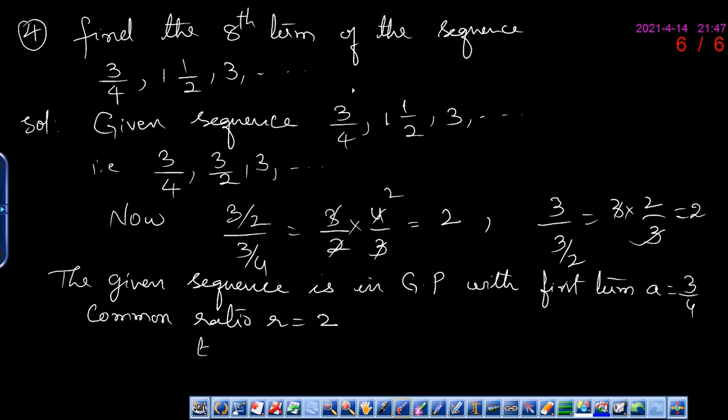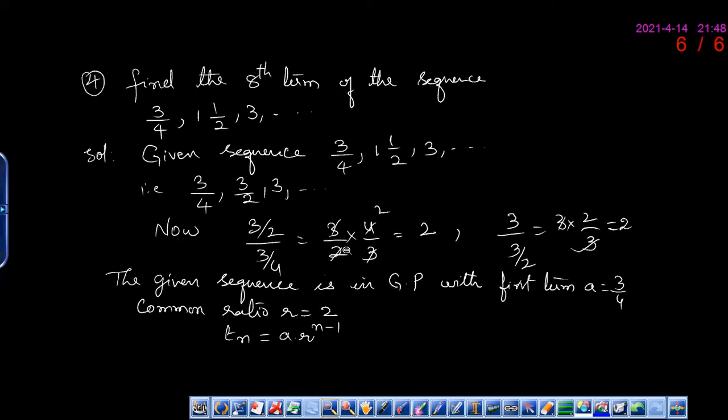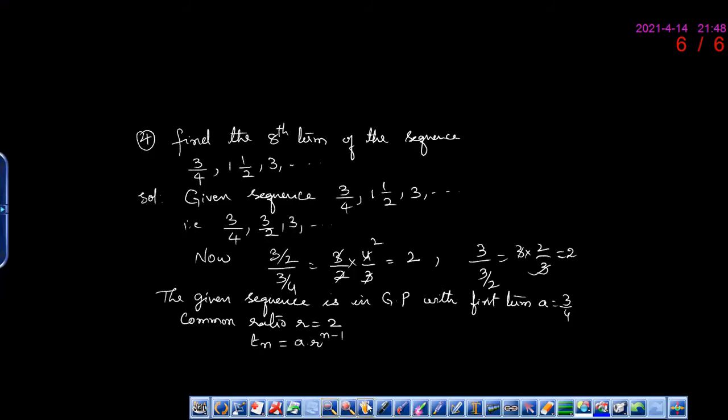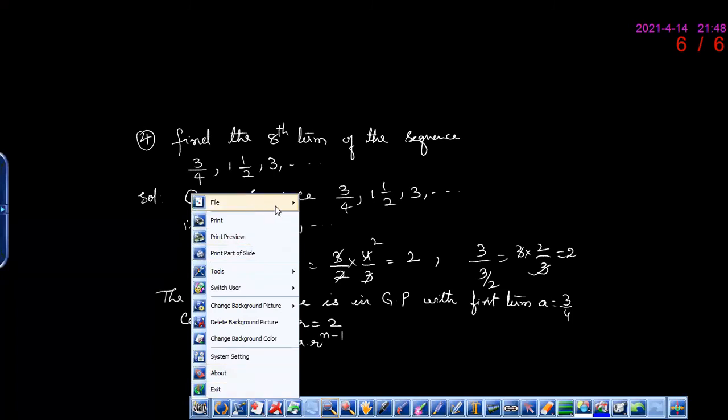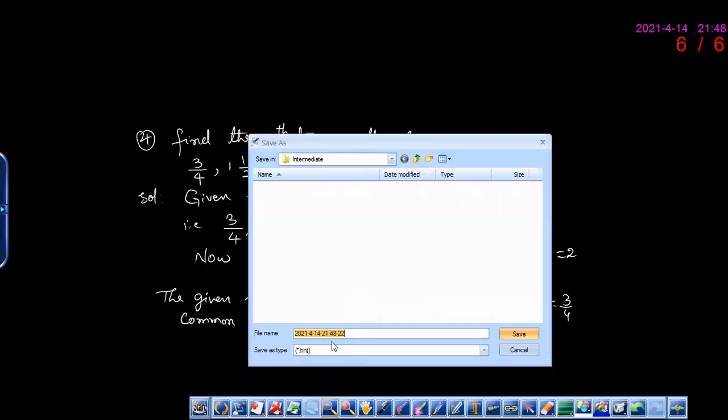We need to find the eighth term. What is the formula to find the eighth term? Tn is equal to A R to the power n minus 1. Here n is equal to 8.